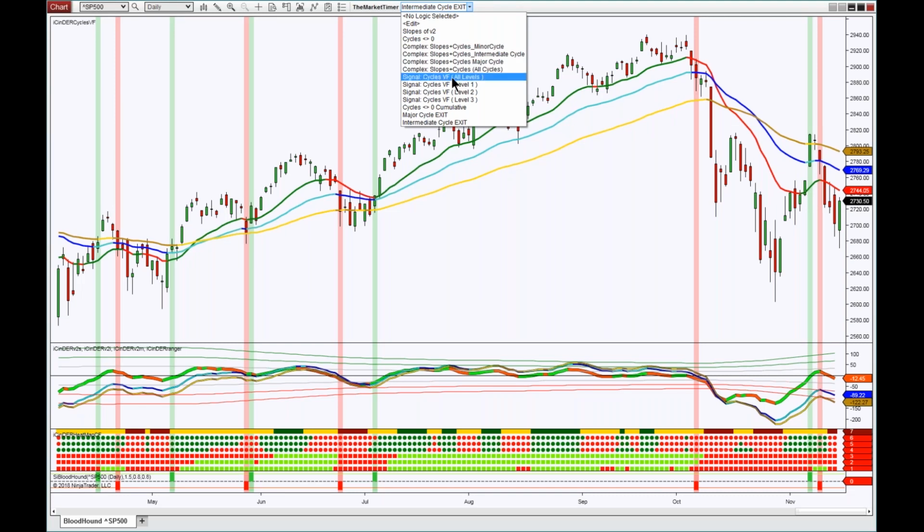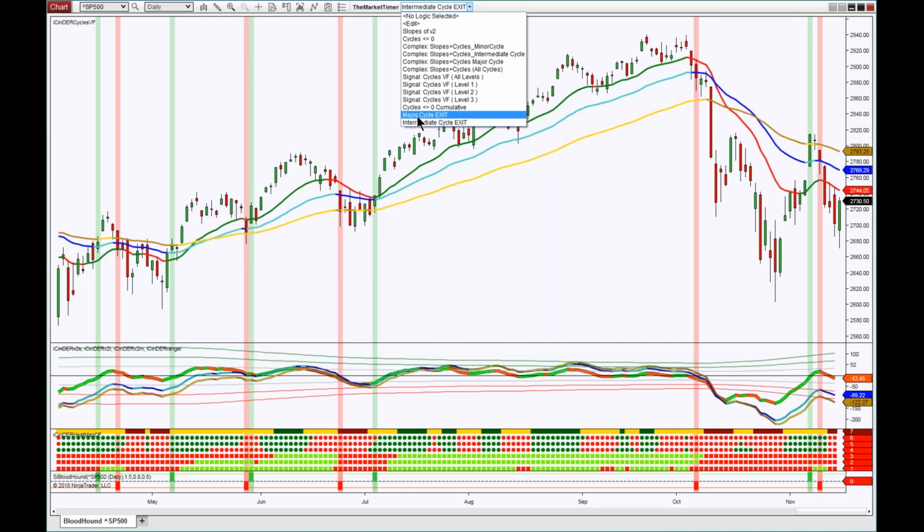And we're going to go through each of them. Then signal, velocity force, all levels, signal level 1, which is minor, intermediate, and major, cycles greater than 0, cumulative, and those would be areas with an inflection. There was coiling and price breaks out.